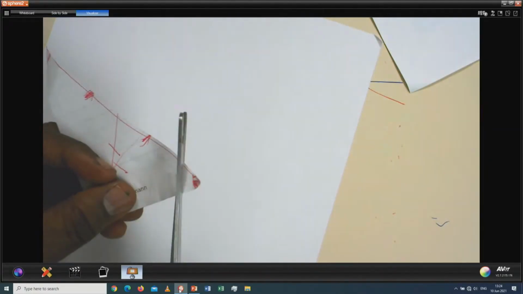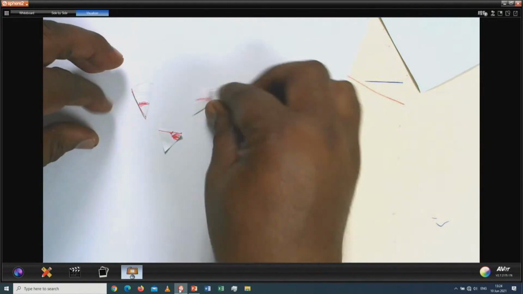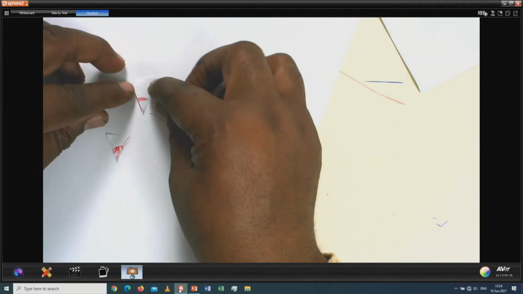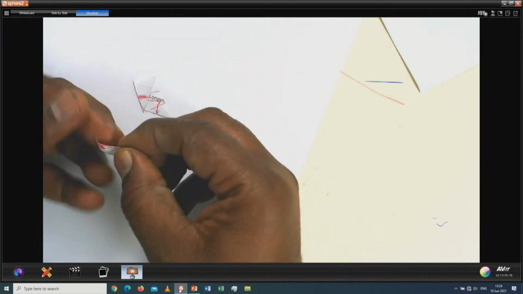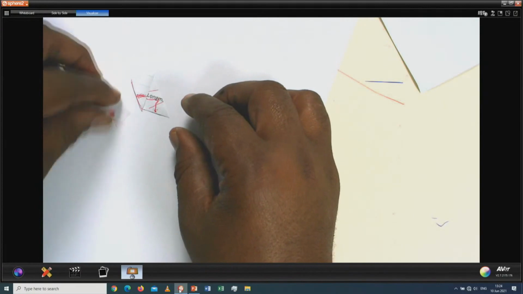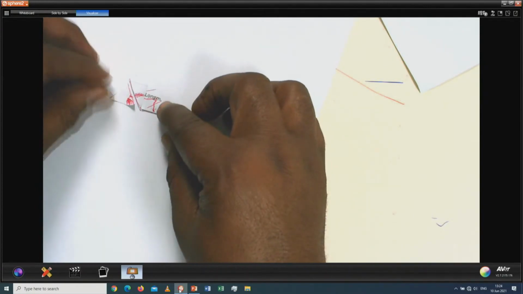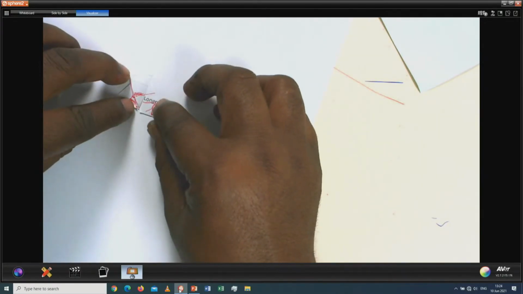I'm cutting my angles. Here's the angle. When you join them, they must give you 180. They must give you an angle of a straight line. When you join all of them, they must give you a straight line. There you are.